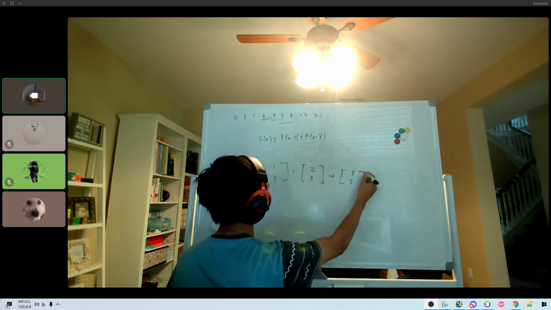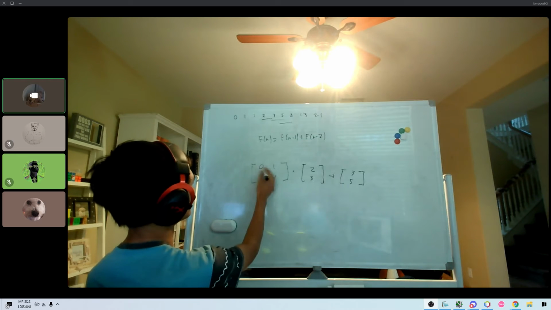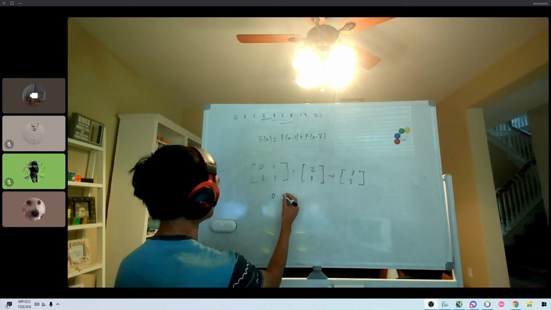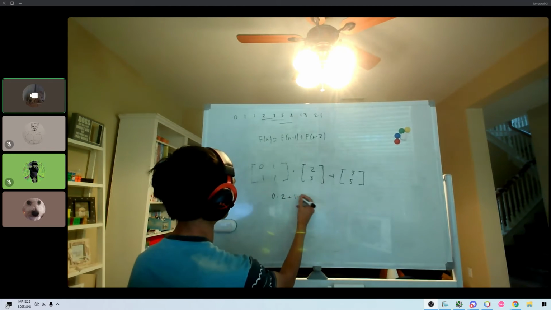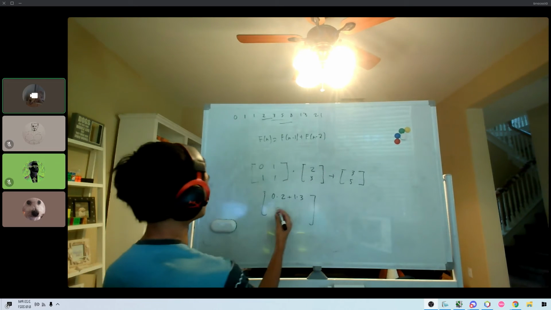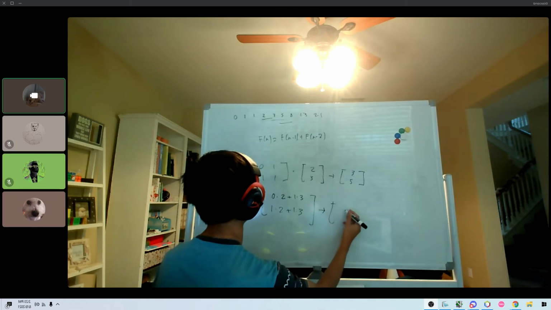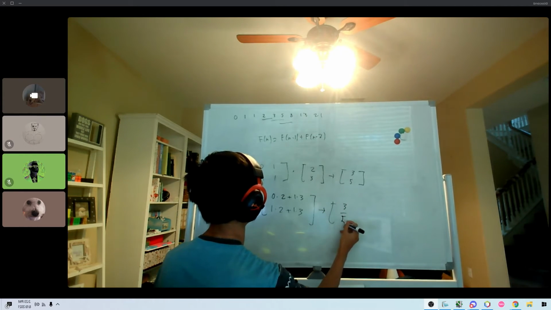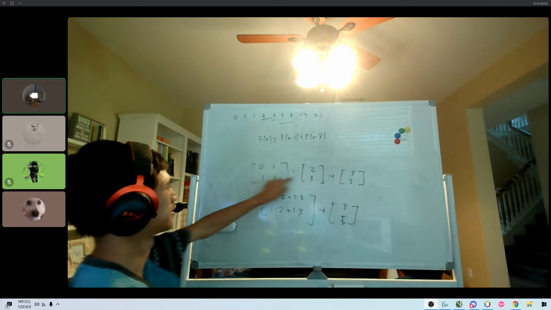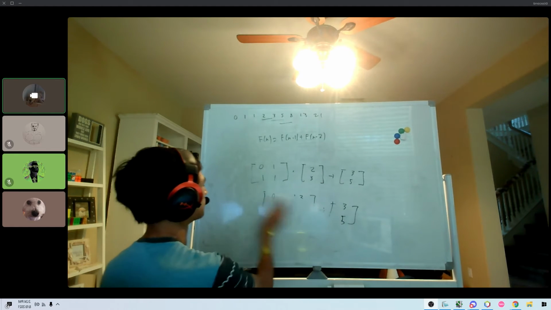And if we want to try it, this row multiplied by this column, you get 0 times 2 plus 1 times 3, and then you get 1 times 2 plus 1 times 3, and that just simplifies into 3 5. I don't know why I keep drawing this line, but it works, right? So we multiply this matrix into this, and then we get the next two numbers in the Fibonacci sequence.